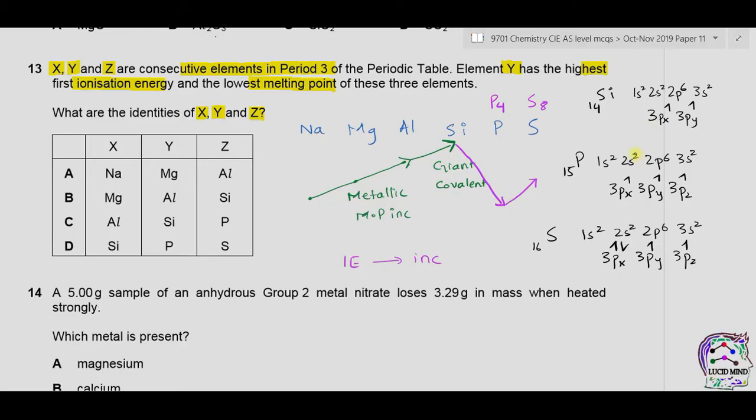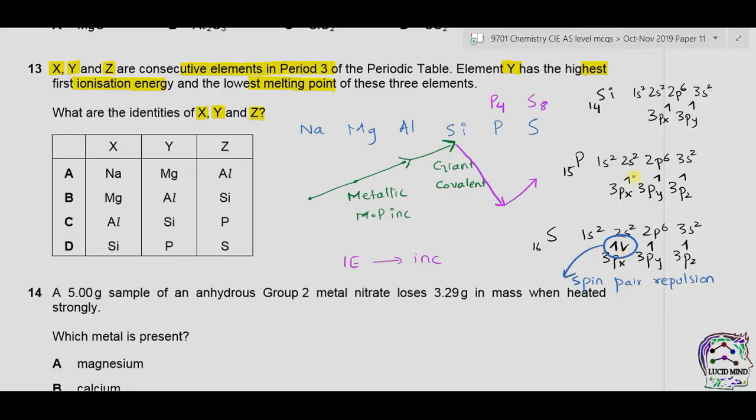Now the ionization energy will increase from silicon to phosphorus as the atomic number has increased, but from phosphorus to sulfur the ionization energy will decrease. This is because this electron is removed first and there is spin pair repulsion present. Due to this repulsion between these electrons, the energy required to remove an electron will be less.